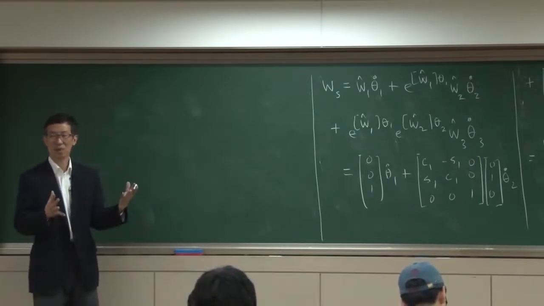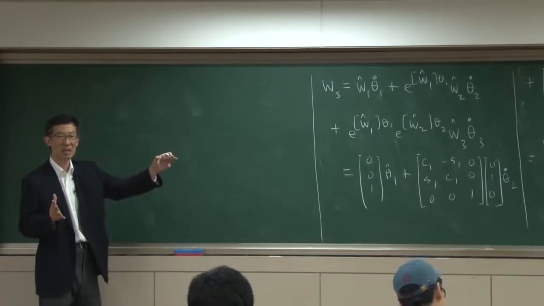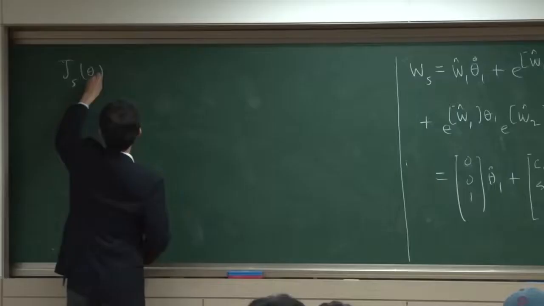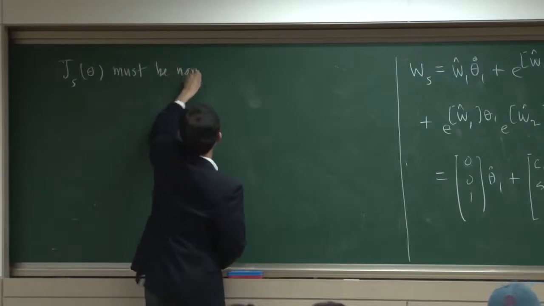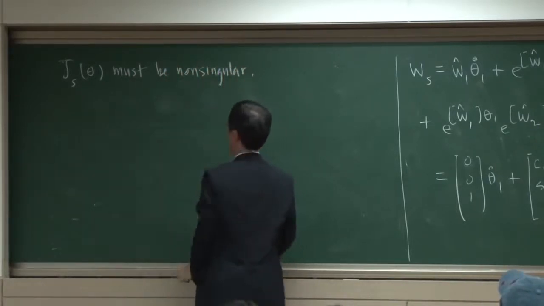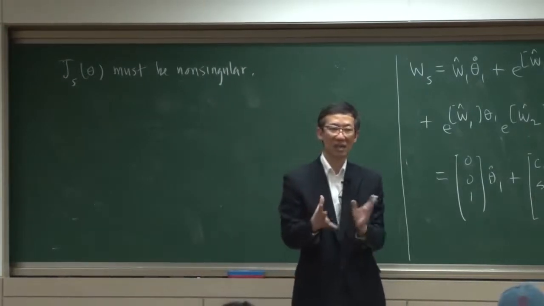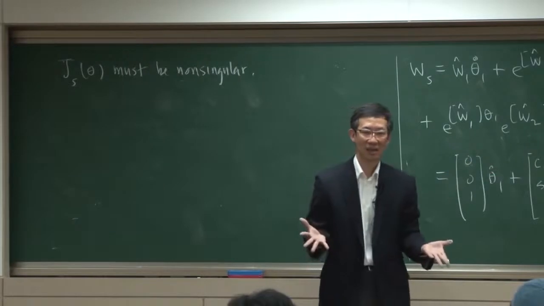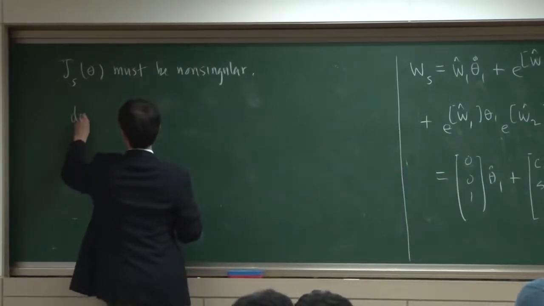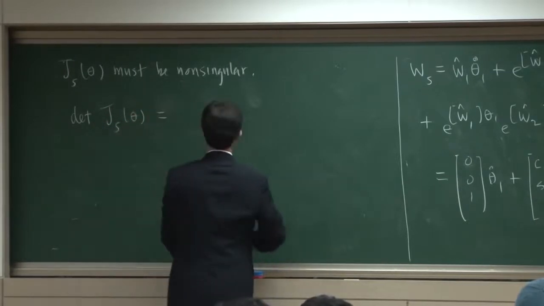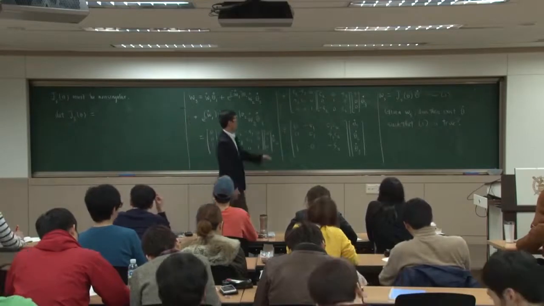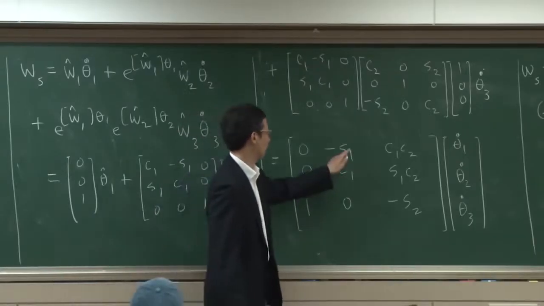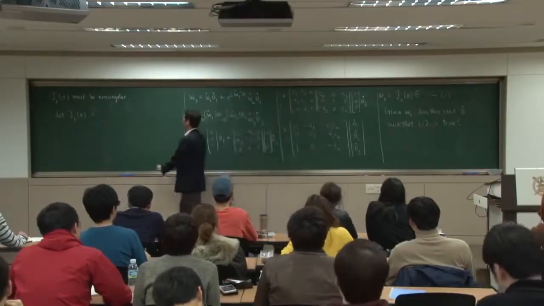Well, in order for a solution to exist, J sub s has to be non-singular. So how do we determine if a matrix is non-singular? One way to do it, in this case it's 3 by 3, simple enough, check the determinant. Let's do that. Determinant of this J. Remember how to take determinants of 3 by 3 matrices? Let's just use this as the pivot. So it's this times this minus that times that.